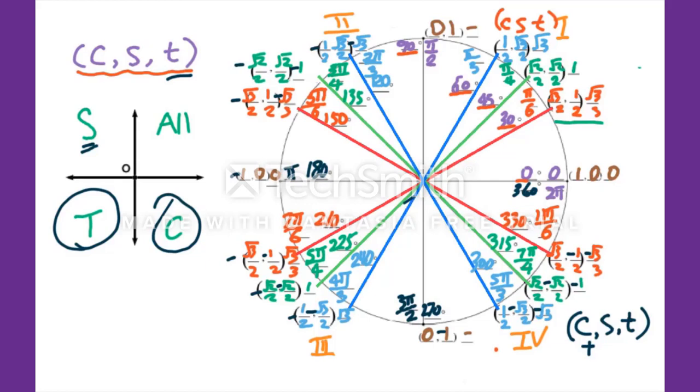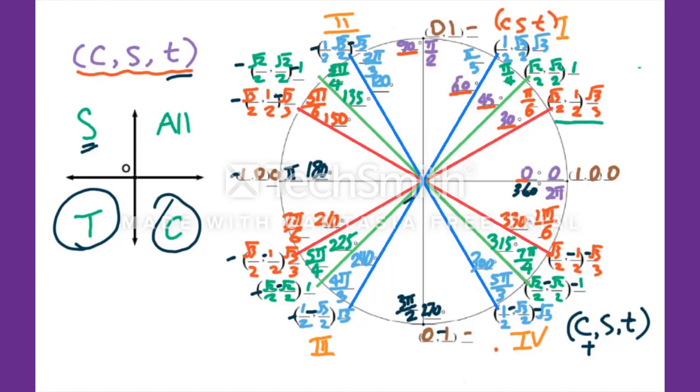So we already finished constructing the unit circle. And remember that coordinates for the unit circle are CST, meaning cosine, sine, tangent. And each trig function has a different sign in different quadrants. We use all students take calculus to remember that.